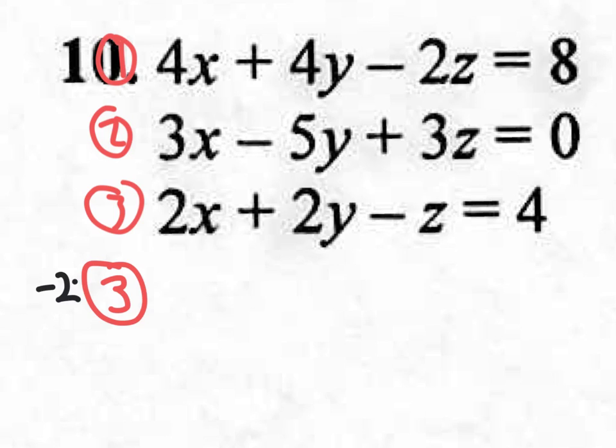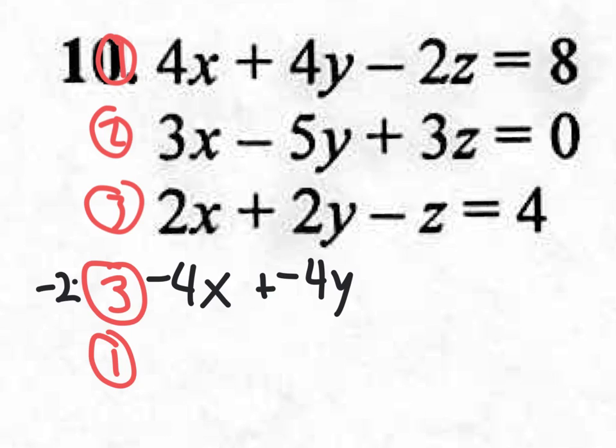And then we said the whole purpose of multiplying it by negative 2 was to be able to combine it with equation 1. So right below it, I'm going to put equation 1. These are my notes to myself so I know what I'm doing. So I need to multiply that third equation by negative 2, and I'm going to get a negative 4x. Negative 2 times 2 is, actually, negative 4y.